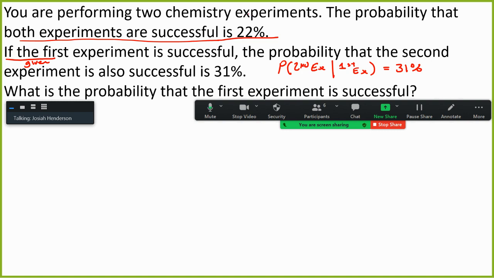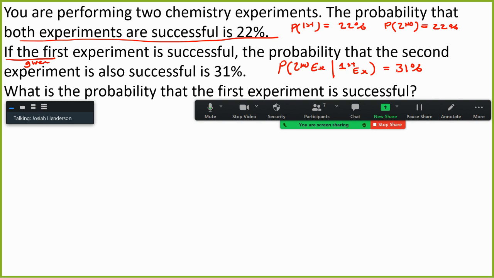And the very beginning is telling us the probability that both experiments are successful. So I think what they're saying is the experiments' probability separately. So probability of first, that is 22%. And separately on its own, probability of second experiment is also 22%. But then they tell us, oh, the second one has a probability of 31%, given that the first one is already successful, that's different.